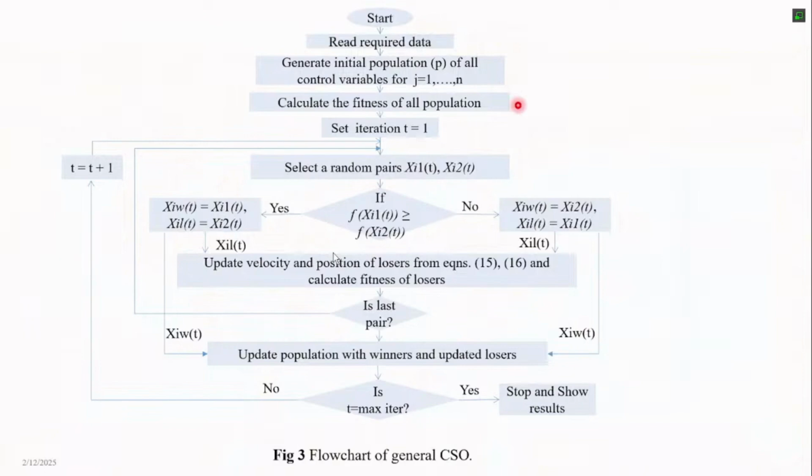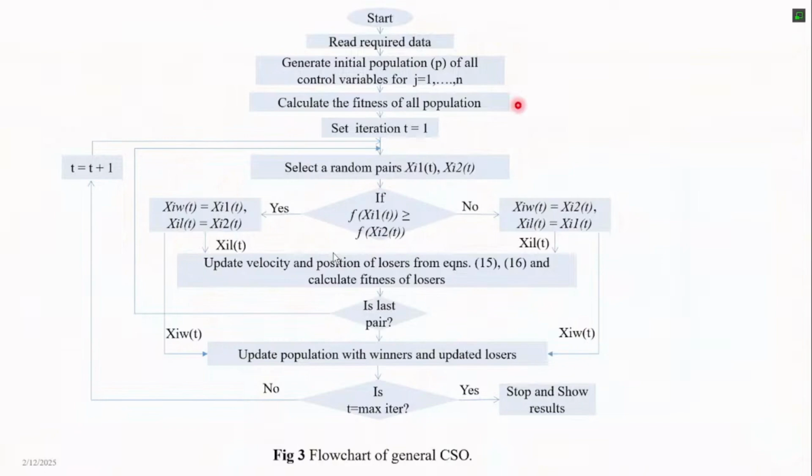Here we are supposed to calculate this fitness function for power loss, considering the initial population. Then we will set the iteration count. Then we will select a random pair. If I consider the random pair for the ith iteration as 1 and 2, it will check which one has the higher fitness value.